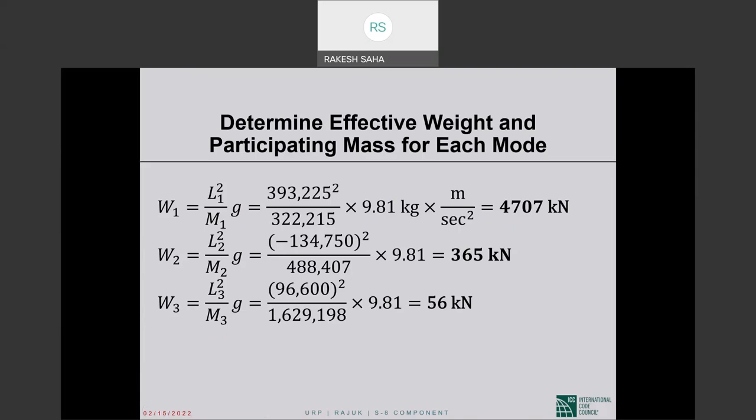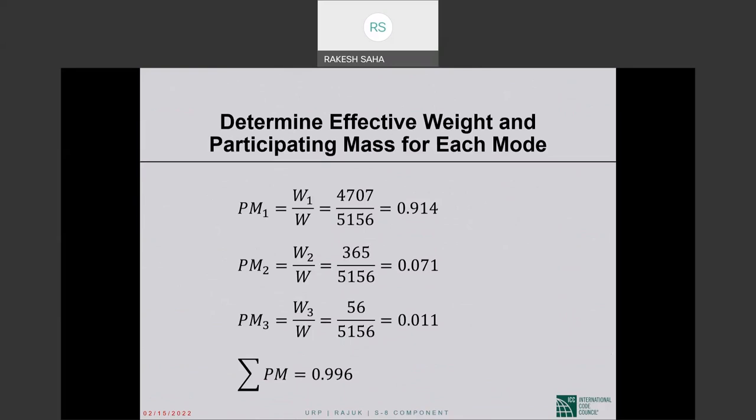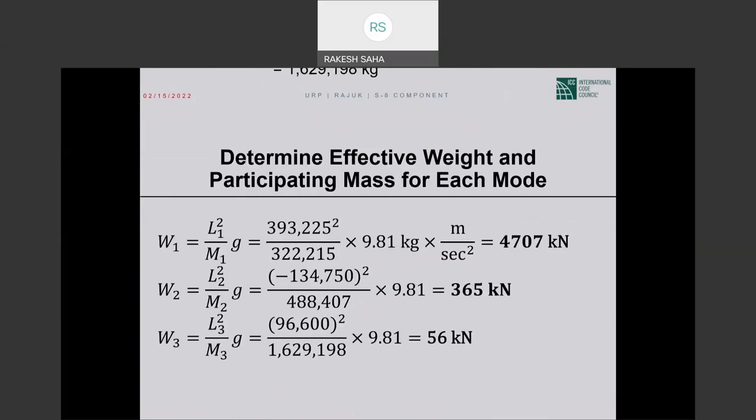Okay, these are calculated values. The participating mass is the effective weight divided by the total weight. Okay, our total weight was given as 1700, and we have to go all the way back, 1798 or something in the problem statement.